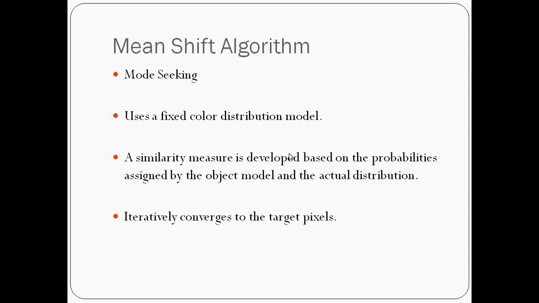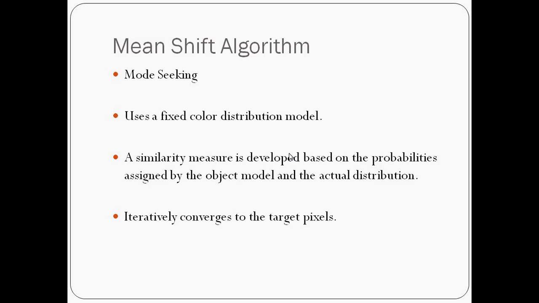It's a mode seeking algorithm. It seeks the mode of the density function which we consider to model our color distribution. The color distribution model is basically the kernel, and then it develops a similarity measure by calculating the probabilities of the colors in the bins of the histogram for the distribution model considered, and also for the actual distribution which is present.